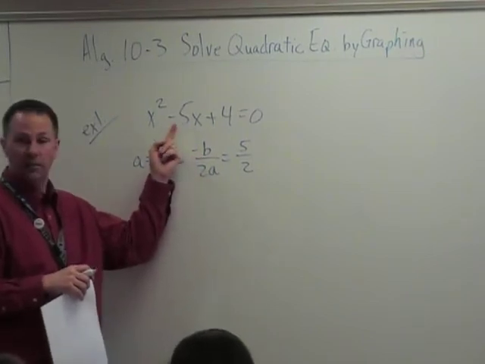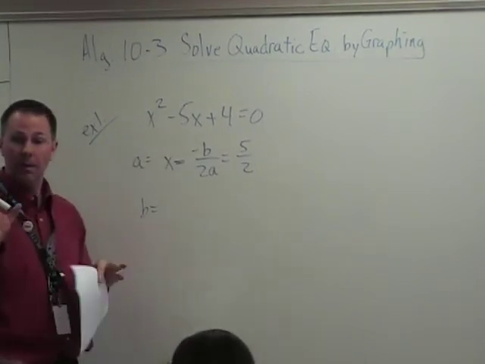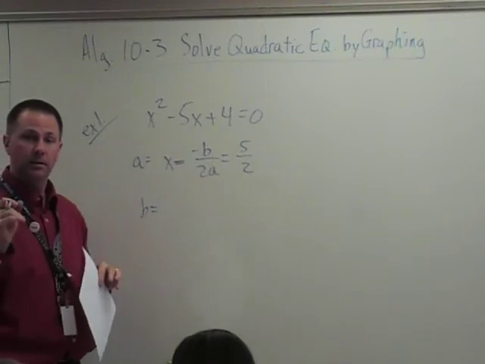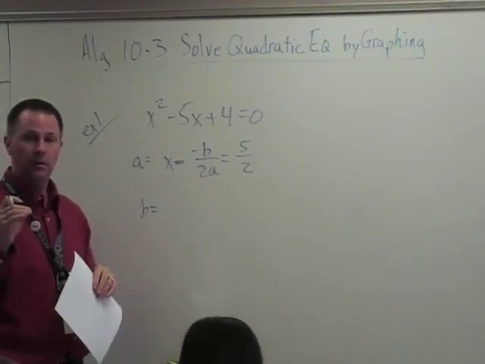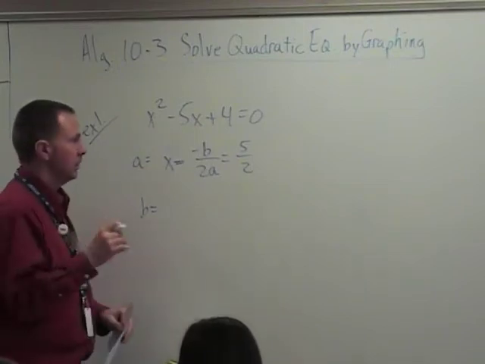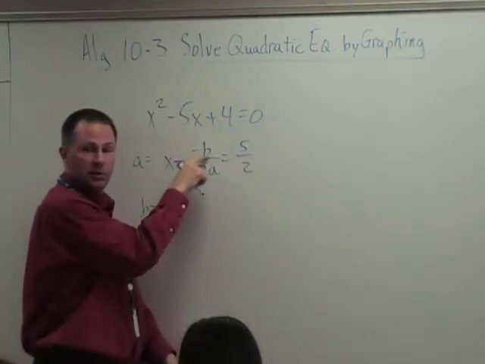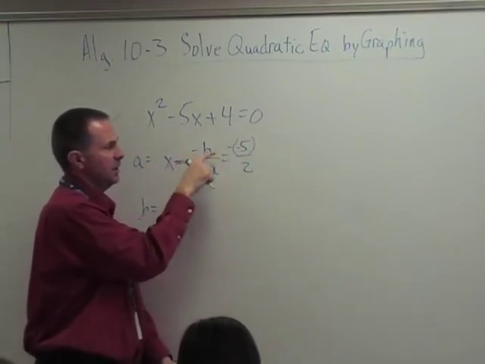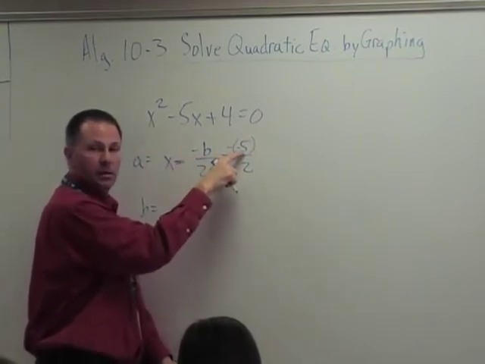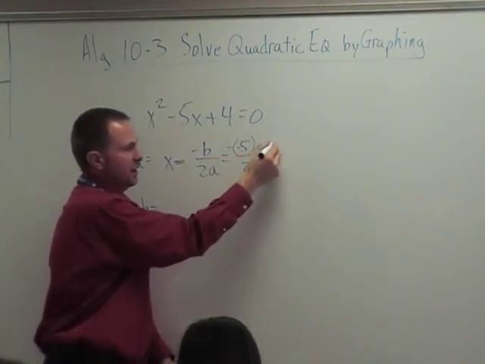So b is negative 5. You understand that that goes in this position? Yeah. So this is the opposite of b. That's what that is. Negative b. So the opposite of negative 5 is positive 5.